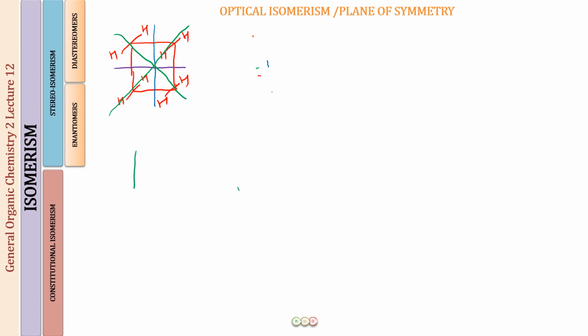Okay, now what we will be doing is some replacements over here. I can put a hydrogen and a chlorine here. So now can you find a plane of symmetry? If I cut it this way, there will not be mirror image halves. If I cut through this way, there will not be mirror image halves. Even if I slice through, there is going to be one half which will have 4 hydrogens above, and the other half will have 3 hydrogens and 1 chlorine.